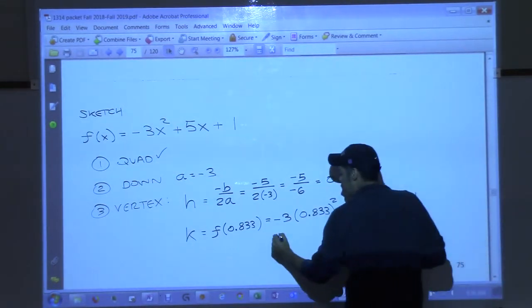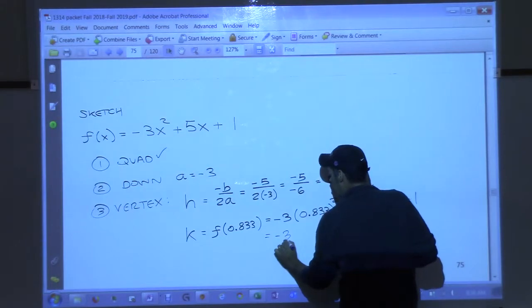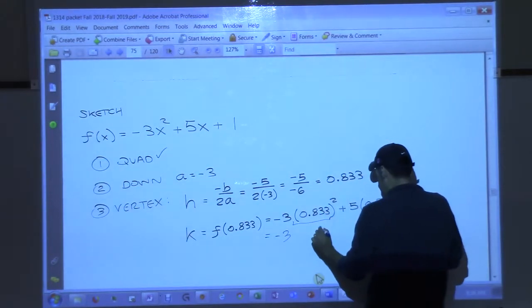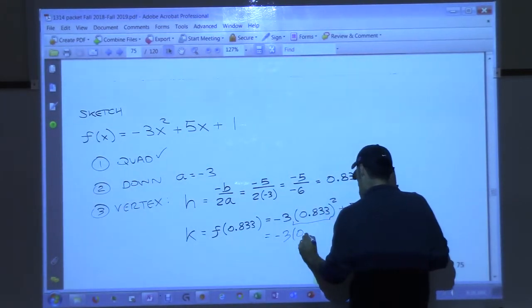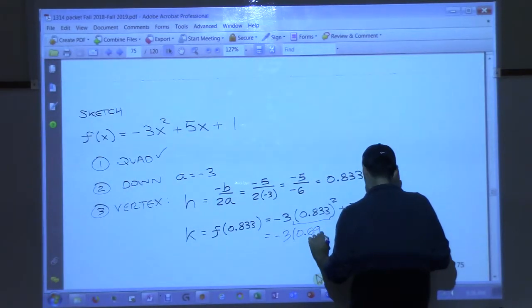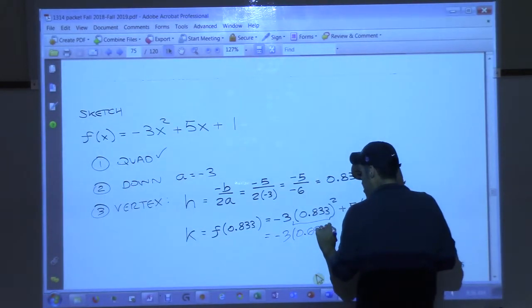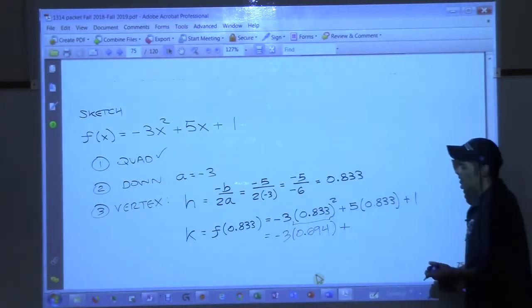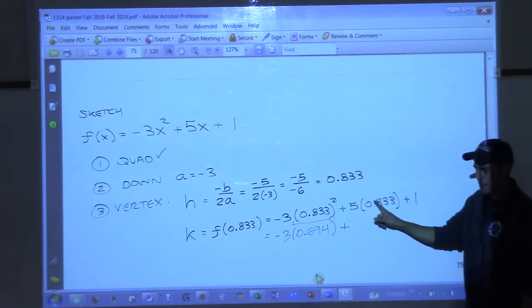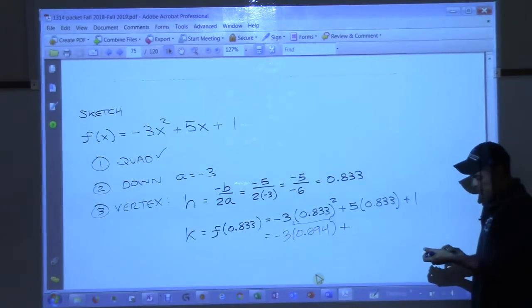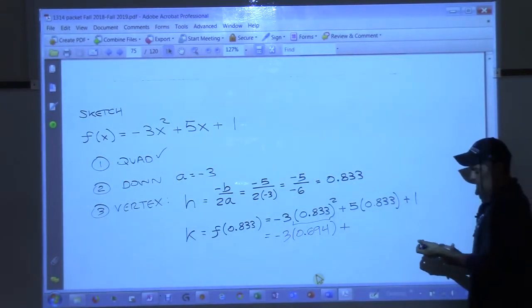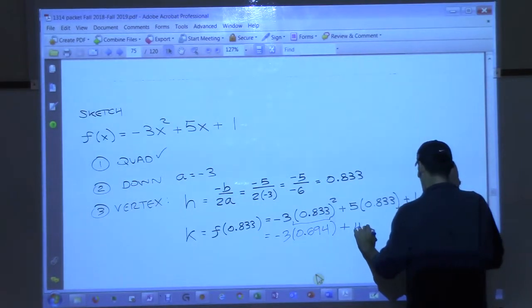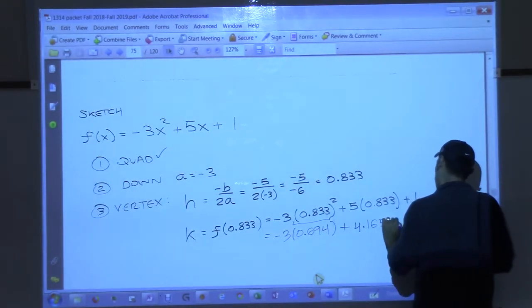So here's what I get. Negative 3, when I square that on my calculator, I get 0.693 or 4, I'll round. And then plus, while I'm doing this, I'm going to go ahead and multiply these together. So again, on my calculator, 5 times 0.833, I get 4.165, and then plus 1.